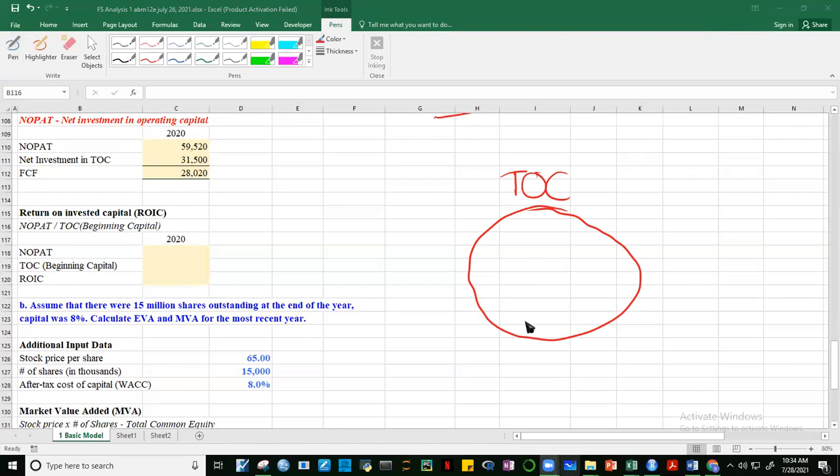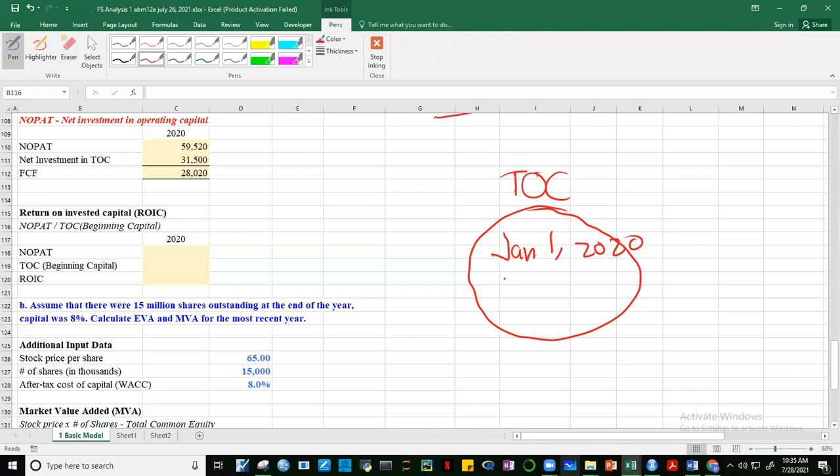Our question is, at the beginning of the year, January 1, management was given operating capital. Operating capital was provided to management. How much was that? Anyone, guys? It's easy, just the beginning capital. Let's put the date: January 1, 2020.